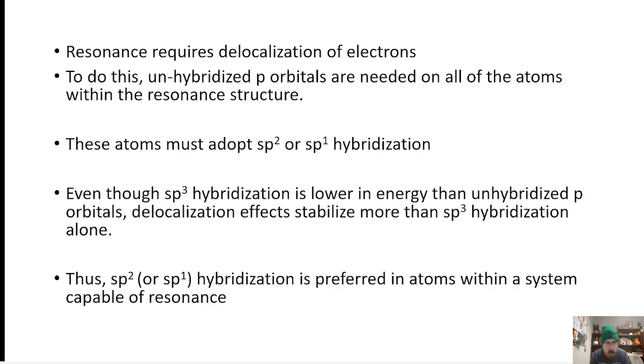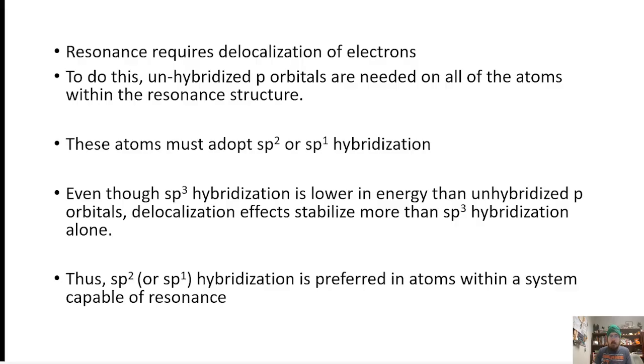We combine them in such a way that the hybridization represents how many single bonds must be made, and also the shape. So if I only need to make 3 or 2 single bonds, that means I only use the s and the p or 2 of the p's, and that leaves a third p that's capable of being unhybridized and thus doing our stuff.